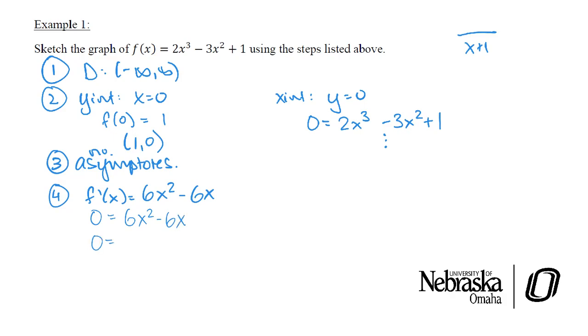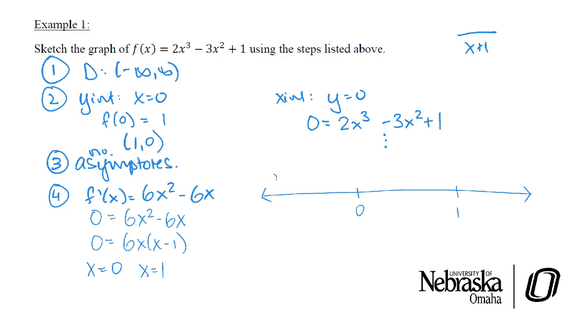We could factor out a 6x from each of these, be left with x minus 1. So we would get x equals 0 and x equals 1.